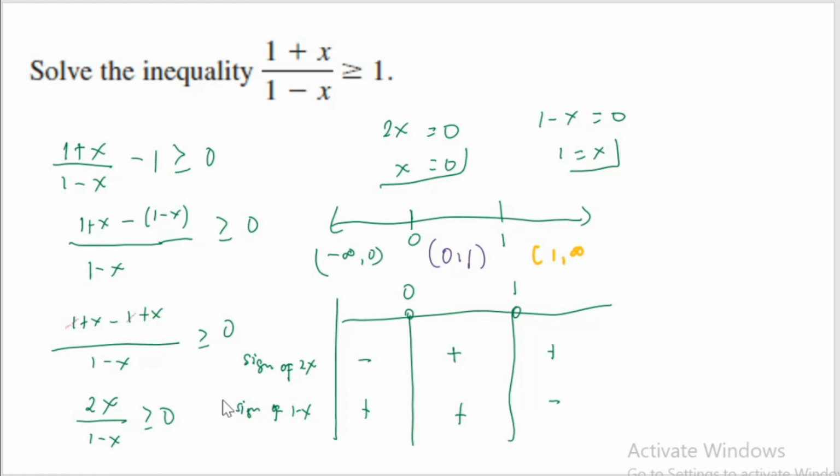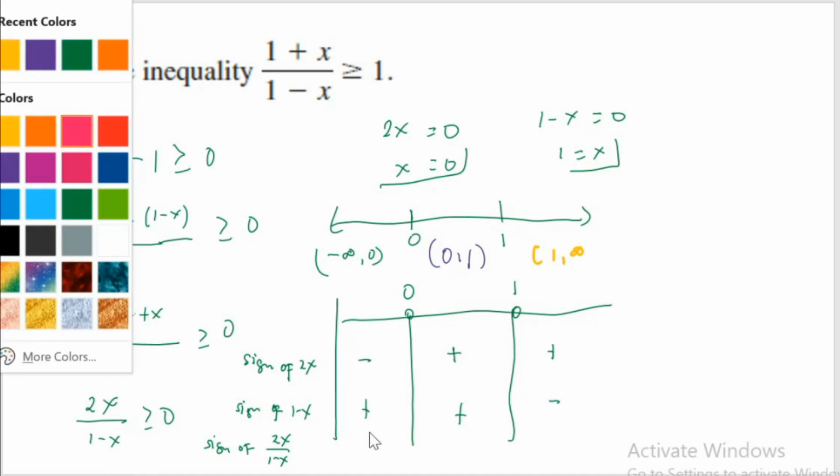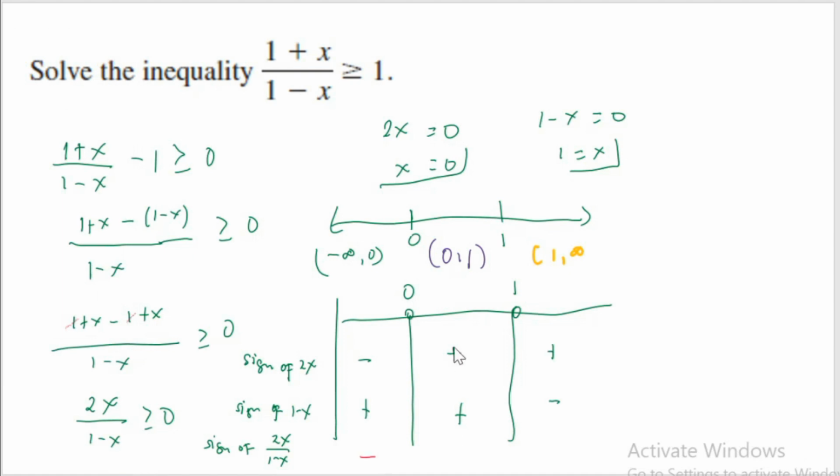Now this is the quotient, 2x over 1 minus x, so we divide the signs. Negative divided by positive is negative, positive divided by positive is positive, and positive divided by negative is negative. That gives the sign of the quotient 2x over 1 minus x.